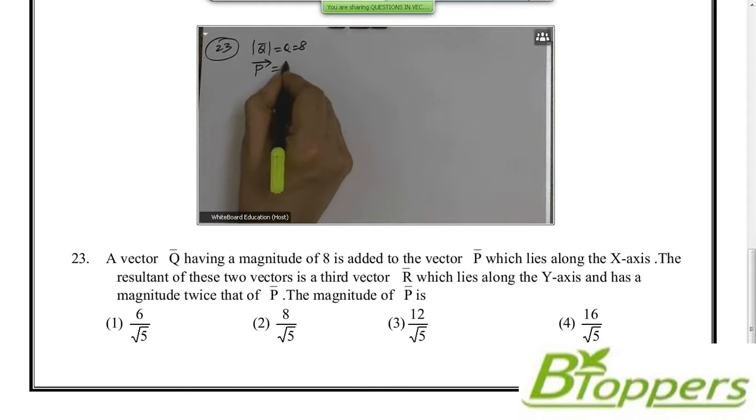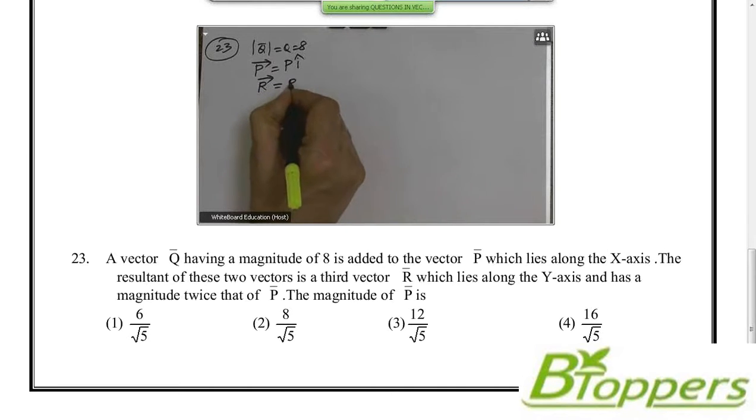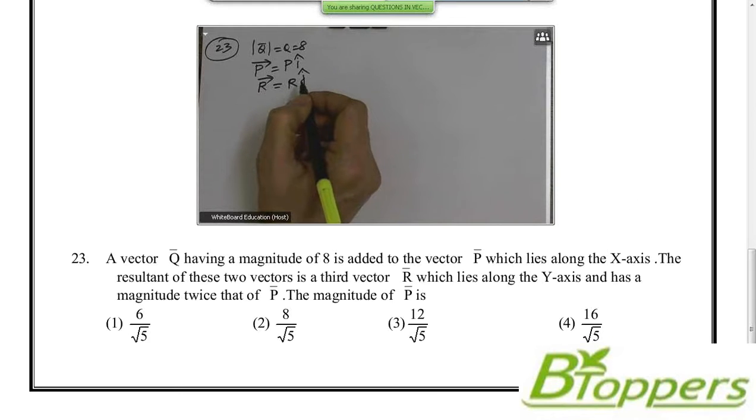So vector p bar can be written as magnitude of p bar into unit vector along x-axis, or p bar can be written as p i cap. The resultant of these two vectors is a third vector r bar which lies along y-axis. So r bar can be written as r into j cap, because in general, any vector can be expressed as the product of its magnitude and unit vector in the same direction.